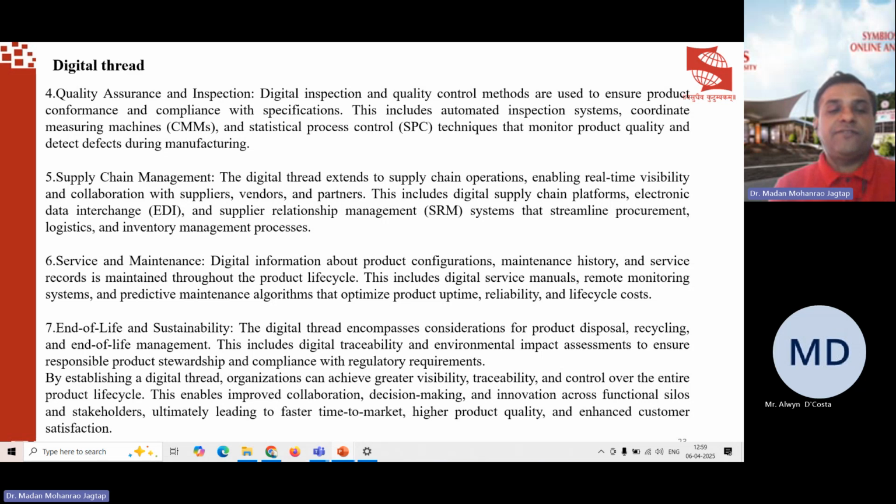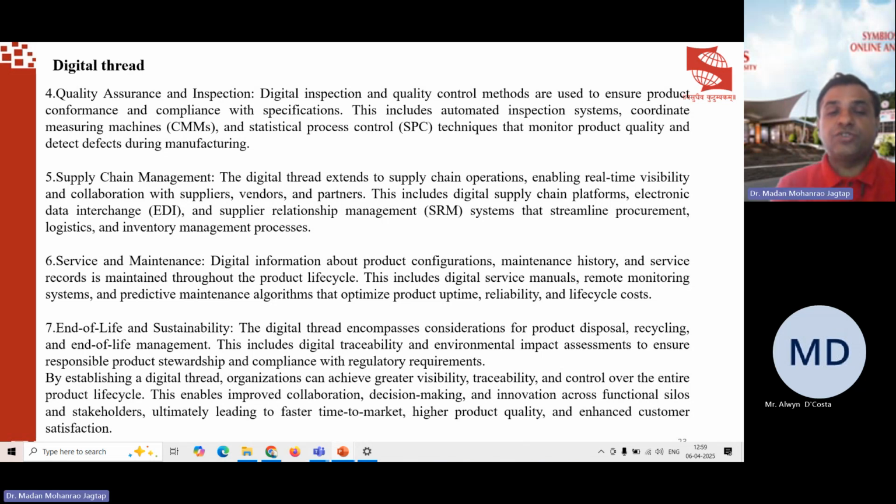Then end of life and sustainability, so that information is again contained in the digital thread. The digital thread encompasses consideration of product disposal, when to dispose the product, recycling, when to recycle the product, and end of life management. What is the life end of that particular product can be tracked through the digital thread.